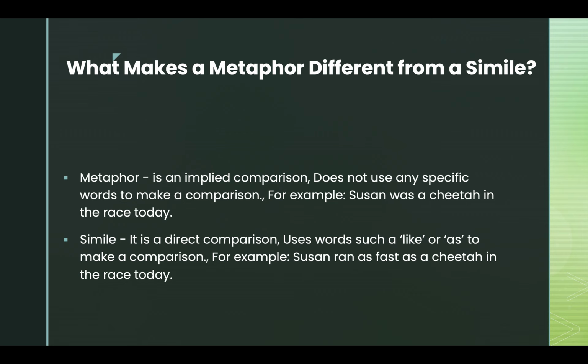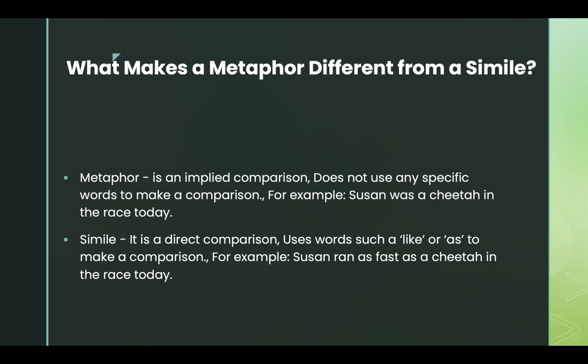A cheetah is said to be one of the fastest, if not the fastest, land animal, I think. I could be incorrect, I stand corrected. But a cheetah is pretty fast. So without saying what the characteristic trait is, when you say Susan was a cheetah, you get the implied comparison that Susan is pretty fast.